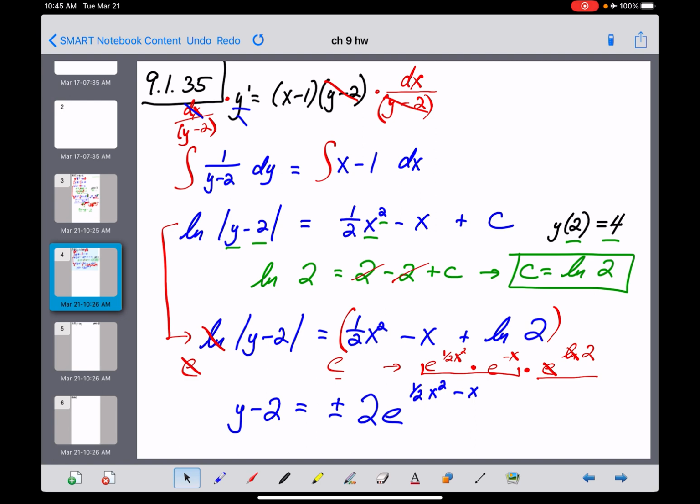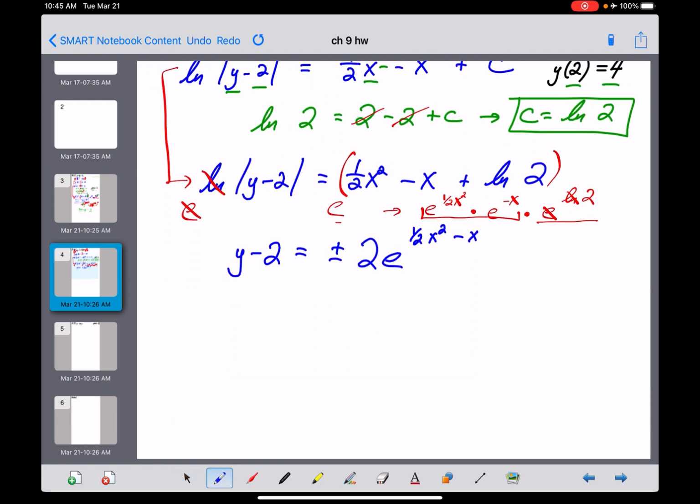And the last two things we need to do, we need to add this 2 to the other side, and we normally would put that in front here, but I'm going to remind everybody the plus or minus here is temporary. We have to figure out which one it is. So y equals 2 plus or minus 2e to the 1/2 x squared minus x.